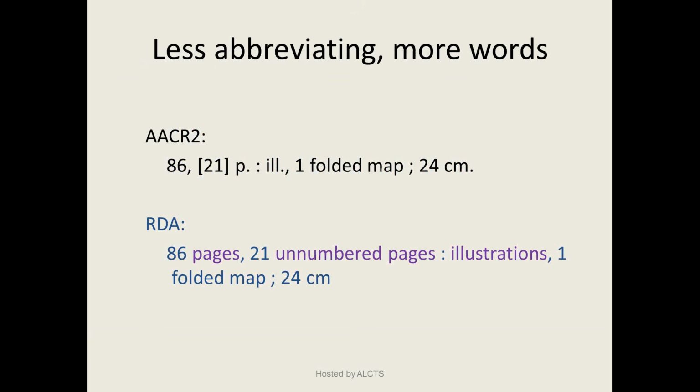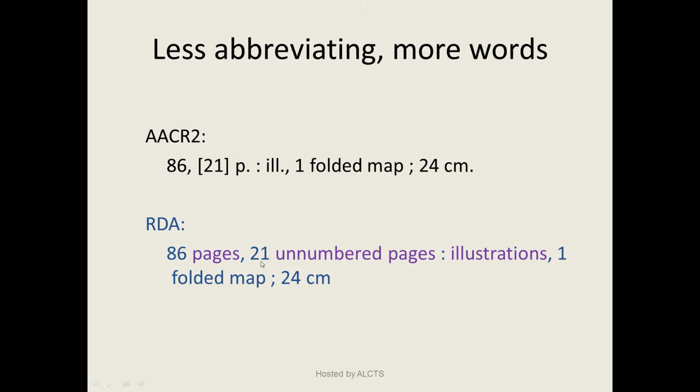Here's another example of less abbreviating and more words as we move through the catalog record. Under ACR2, this is the extent statement, sometimes labeled as description. We used a lot of brackets and abbreviating in this field. And so with RDA, the brackets go away and things are spelled out.